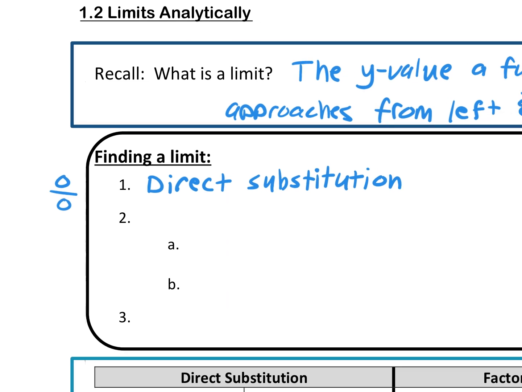The next thing that you would do if direct substitution doesn't work, you run into a strange problem like a 0 over 0, is you would simplify first, and then you would do direct substitution.